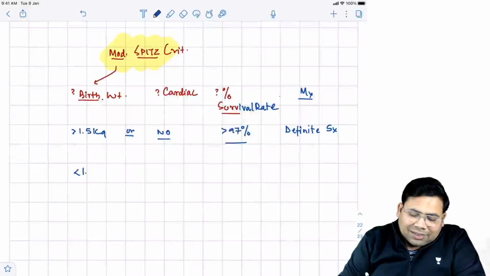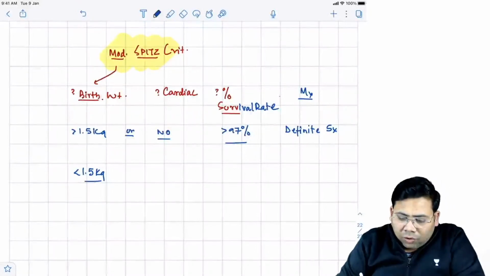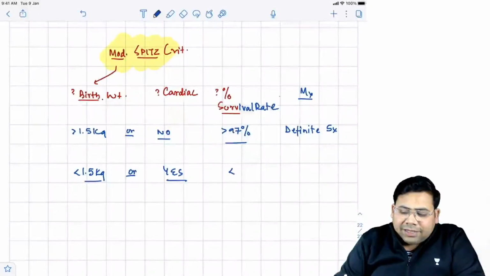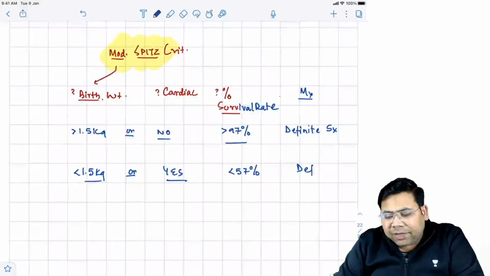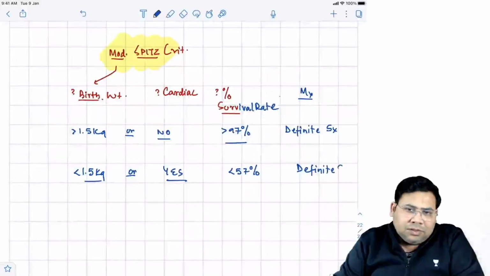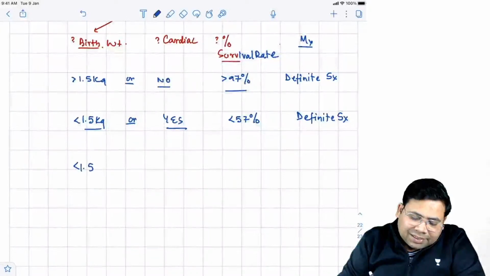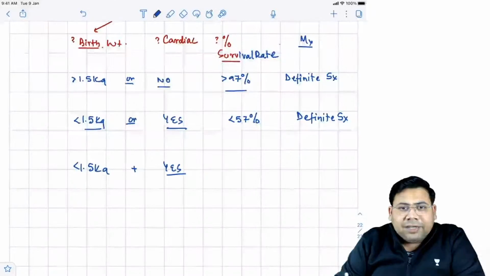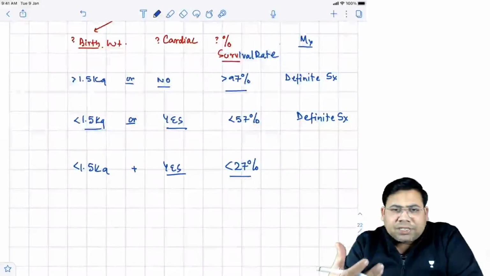But if the birth weight is less than 1.5 kg, or there is presence of cardiac anomaly, but more than 57% survival, and here again seeing the benefit more than the loss, you're going to go for definitive surgery. Children, if the birth weight is less than 1.5 kg plus there is a cardiac anomaly, less than 27% chance of survival, and therefore you will wait for the patient's maturity to withstand that surgery.